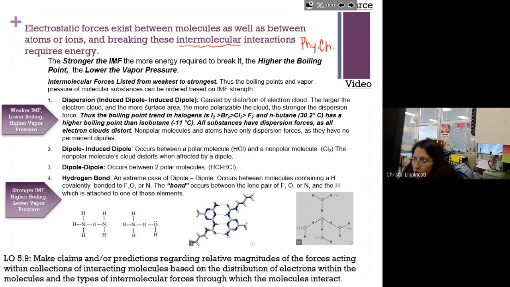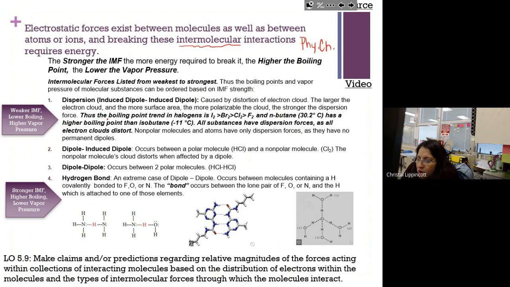So dispersion, which is your induced dipole, or your London dispersion forces, your LDF, is caused by a distortion in the electron cloud. The more surface area, the more polarizable. Remember, that is a word that they love to hear you use properly. The stronger the dispersion force.